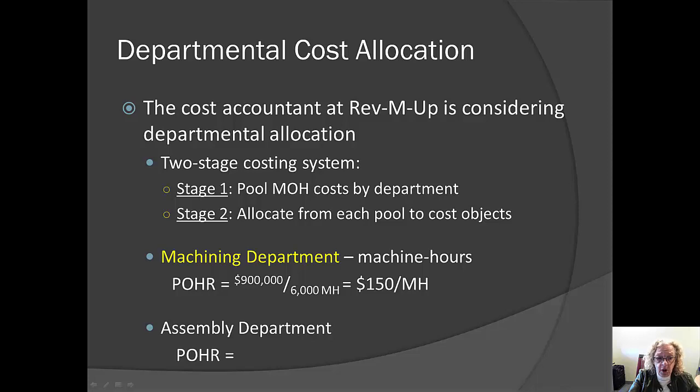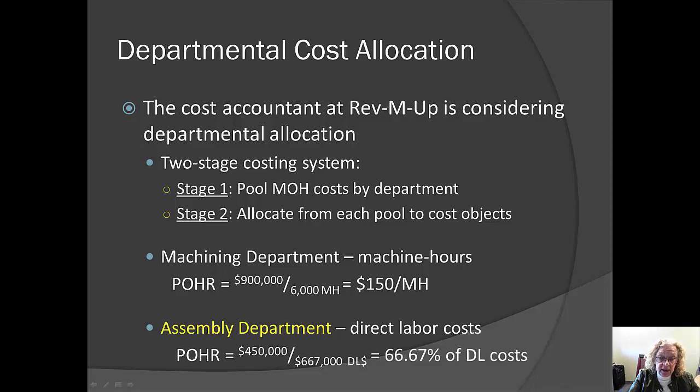In the assembly department, the cost accountant feels that labor costs would be the most appropriate way to allocate these costs. So we go back and look how much labor costs are there, divide that into the total assembly department costs, and that gives us a rate. In this case, 0.6667.